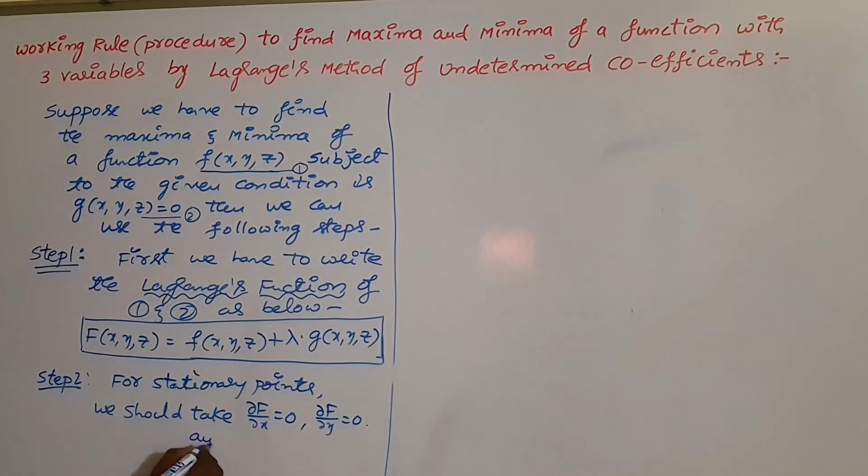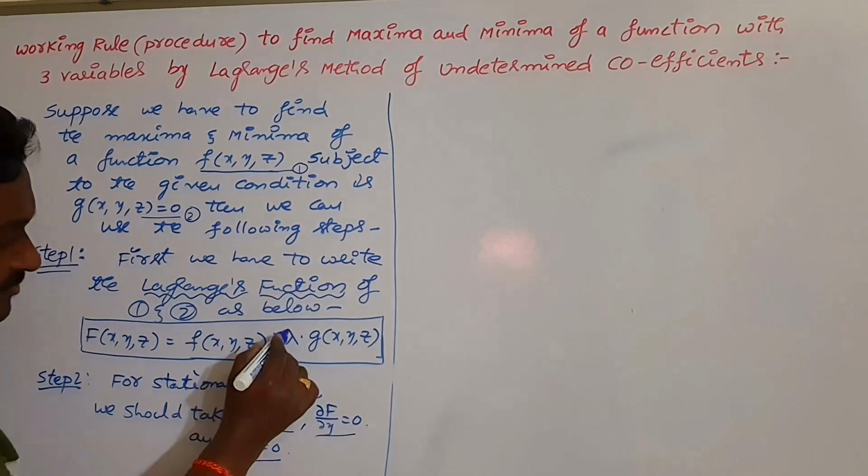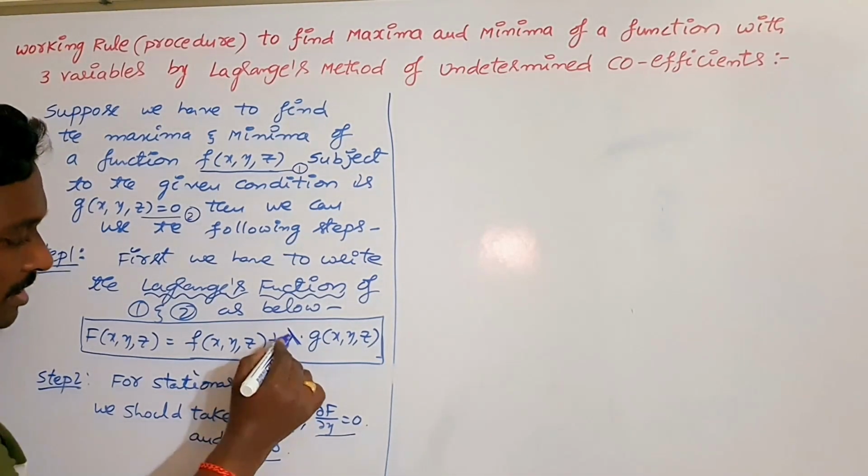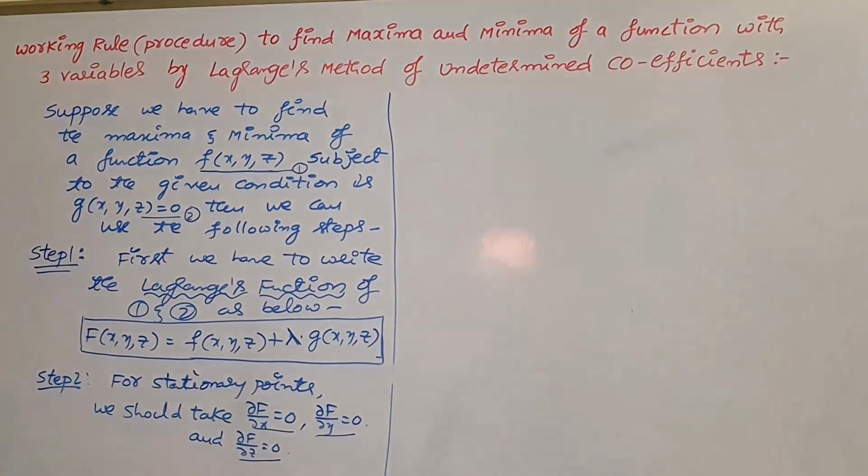Okay, and finally dou F by dou z is equal to 0. So here we will get three equations. Here in the Lagrange's function, lambda is called Lagrange's multiplier also.